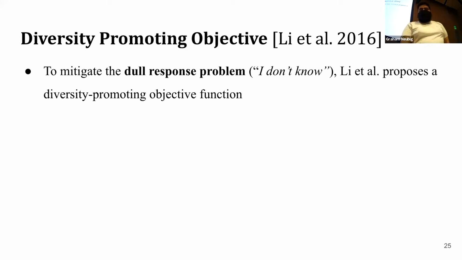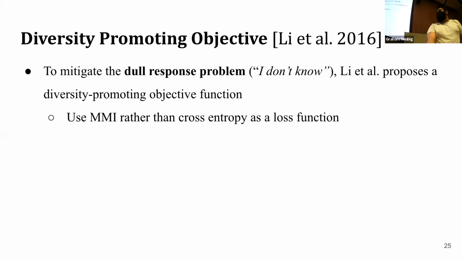So in this work, in order to mitigate the dull response problem, they propose a diversity promoting objective function. They use MMI rather than cross entropy as a loss function. Basically the objective is to avoid the generic response problem by using maximal mutual information rather than just optimizing for the words being correct.